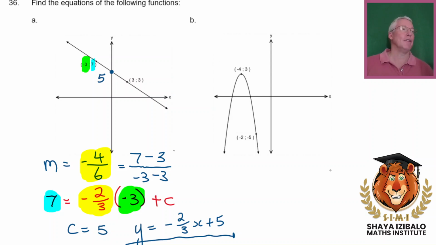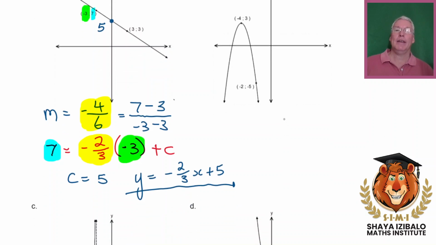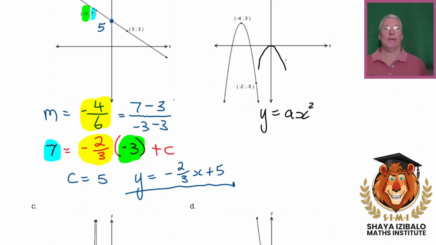What sort of graph is this? Absolutely, it's a parabola. Now the vanilla form, or the parent function for parabola, is ax squared. But ax squared actually would turn there. This one's moved. How do we know how much it's moved? Well, it's moved 4 to the left and 3 up.